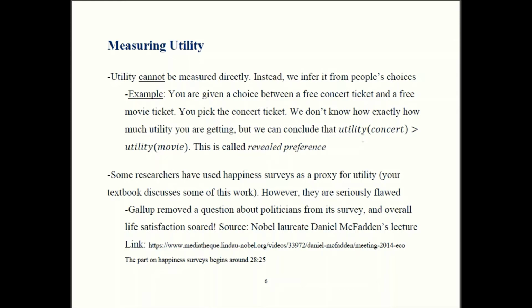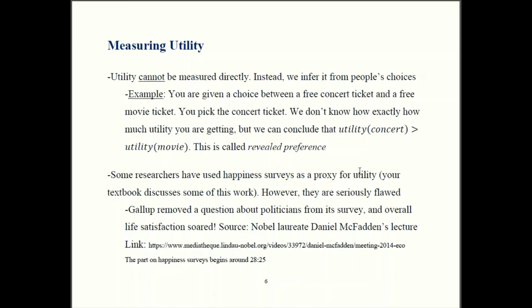Let's say I give you a choice. I can give you a free concert ticket or a free movie ticket. This is all pre-COVID, when movie theaters were open and you could go to live concerts. And let's say you pick the concert ticket. I don't have enough information right away to put together a full utility function for you. However, you did give me one piece of the puzzle. I now know that because you picked the concert over the movie, the concert must give you more utility than the movie does.